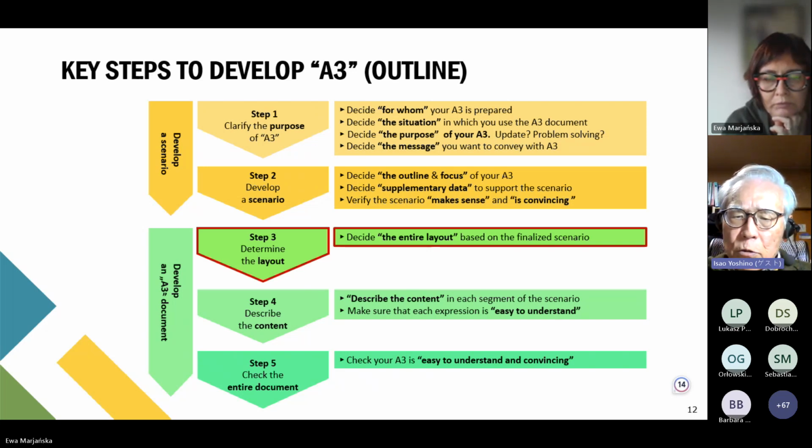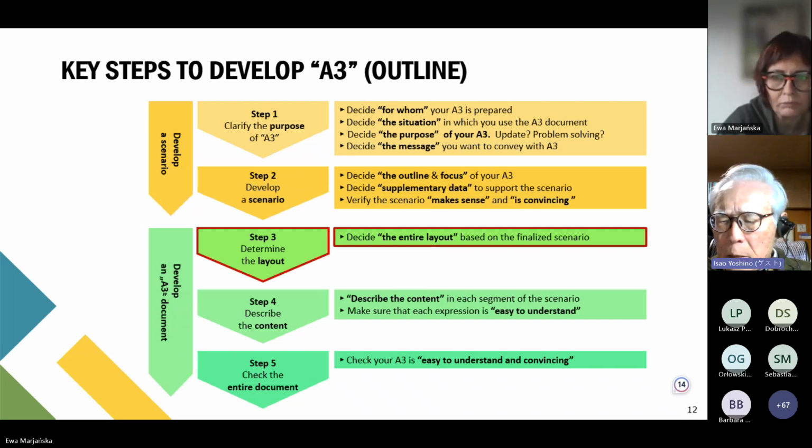So you put the very, very important things using larger space, and you have to think about the best layout of the entire A3 space. And also the story, whether the story flows well or not. That is what I was explaining, and that is on page 12.